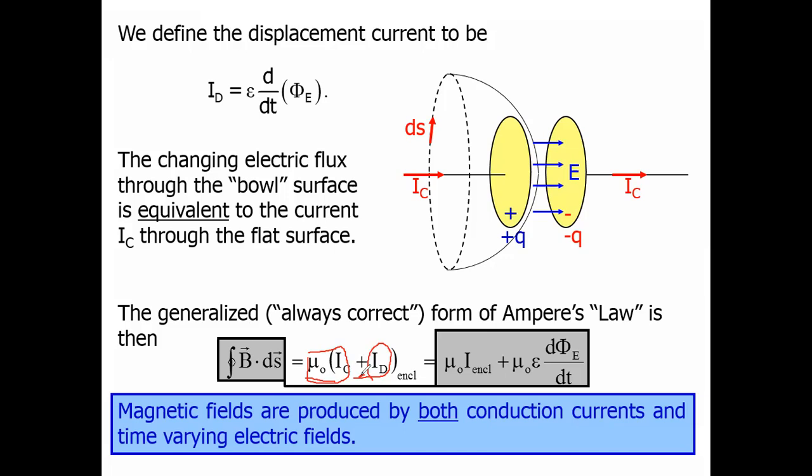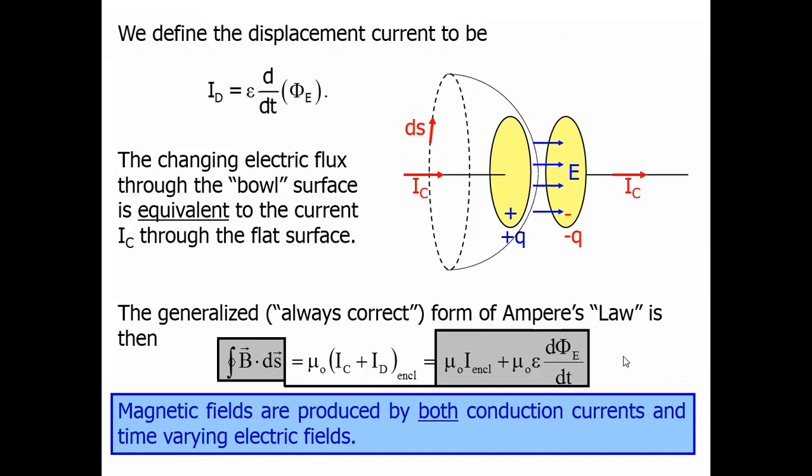Now, what is this displacement current? This displacement current is given as mu naught epsilon times d phi e upon dt.